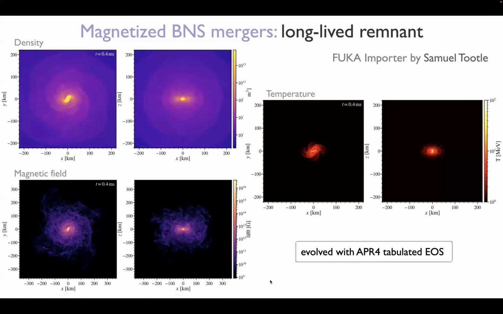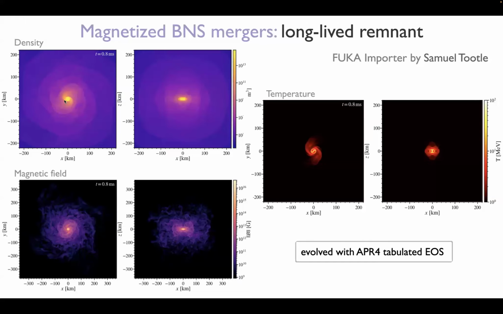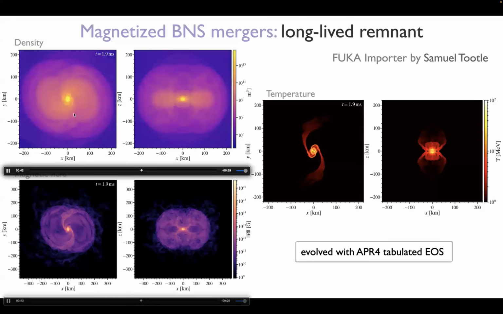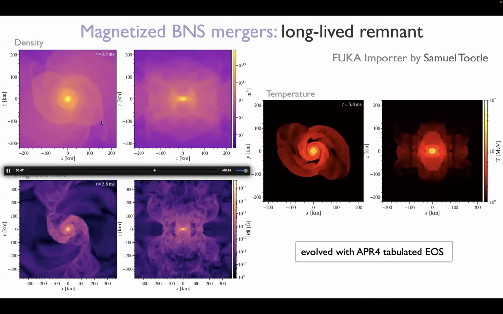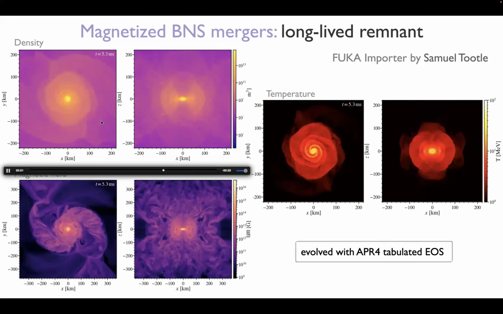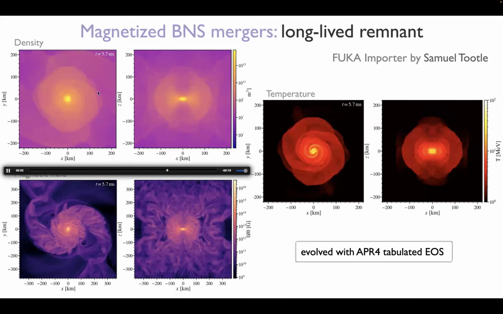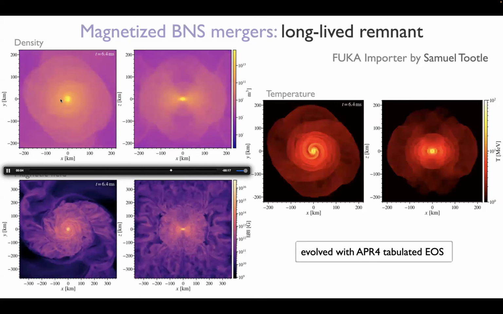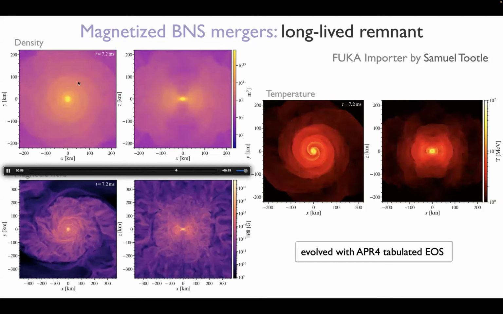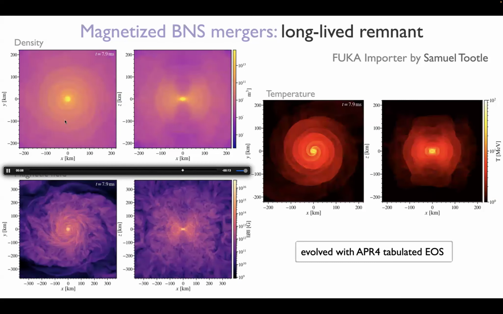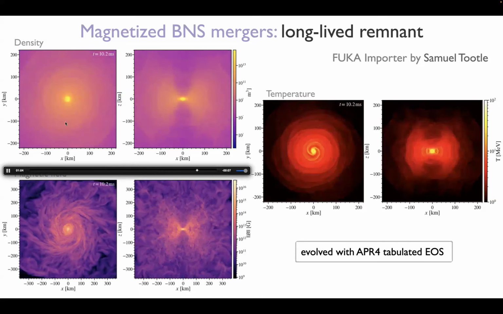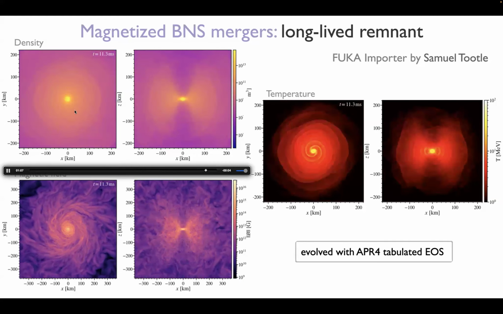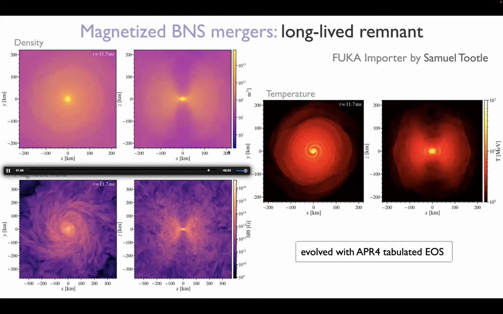And as you see, as the merger happens, there's a dynamical ejecta that comes out right after merger, and then you form, in this case also, a metastable neutron star remnant. As soon as this forms, a few milliseconds later, you start to develop the well-known instability called the m=1 instability, and that develops these spiral waves in the disk.